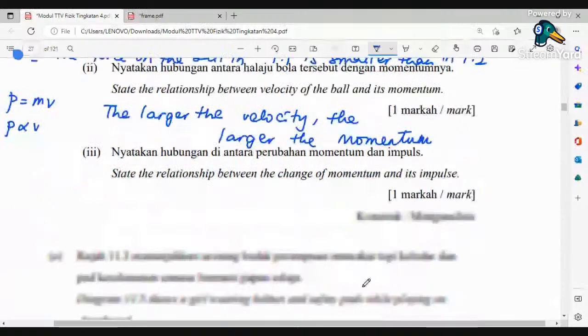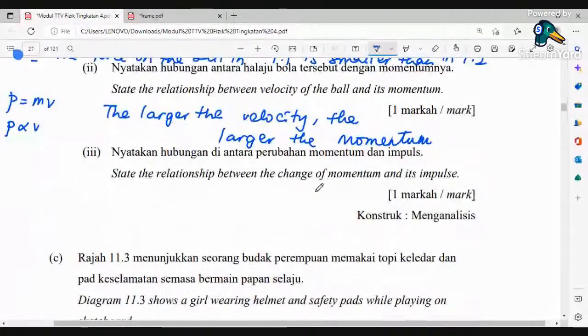Okay, part 3, state relationship between change of momentum and its impulse. Okay, momentum dengan impulse, apa kaitan? Okay, kita dah tahu formula kalau impulse ialah mv minus mu. Ini impulse. Ini juga panggil change in momentum. So actually they are equal. Okay, so you boleh relate macam ni juga.